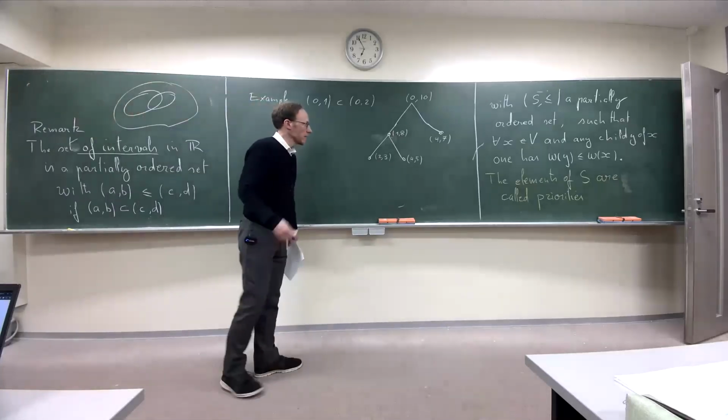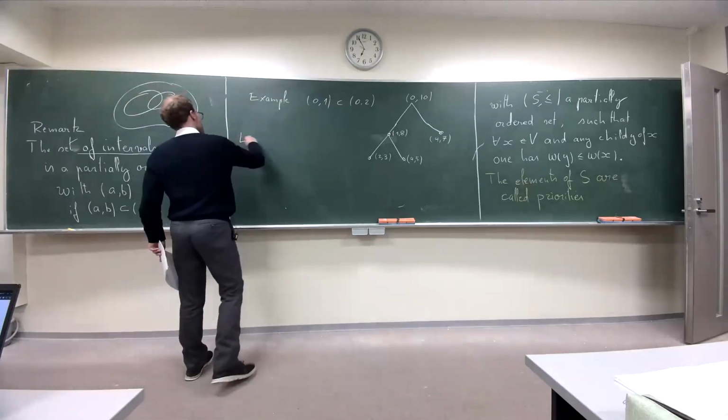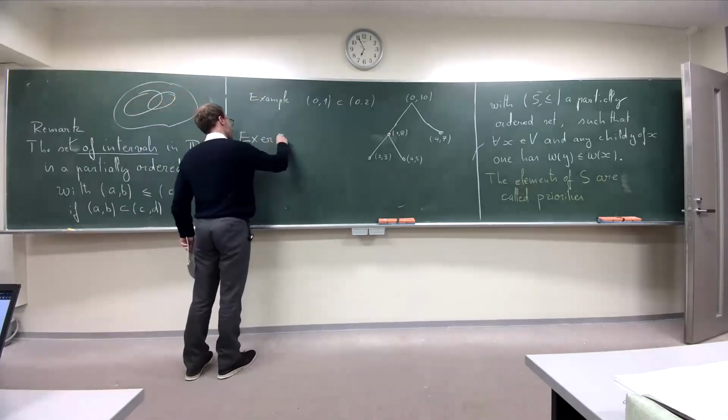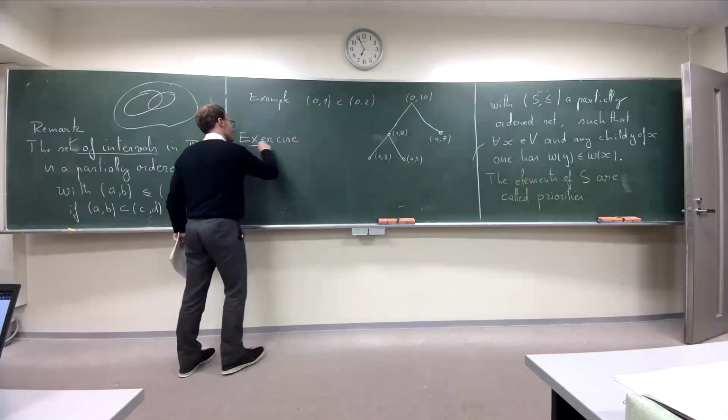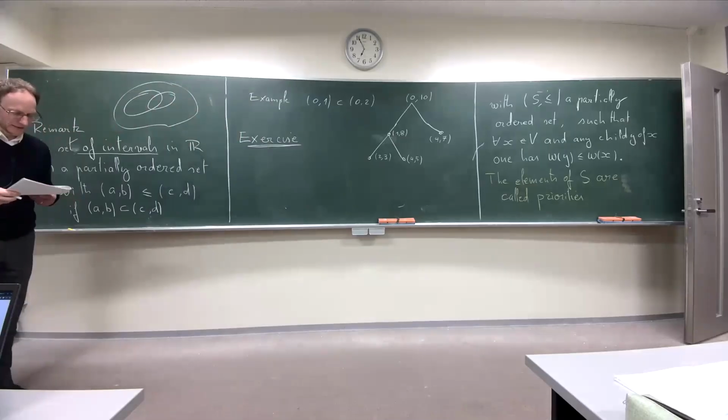And now there is an exercise, which is not an easy exercise, and probably my notes are not good about this. So I encourage you to really work on this exercise.